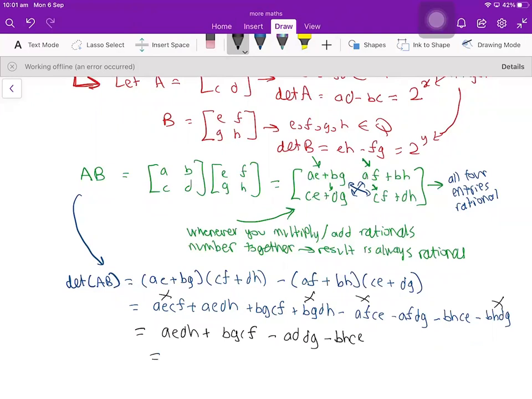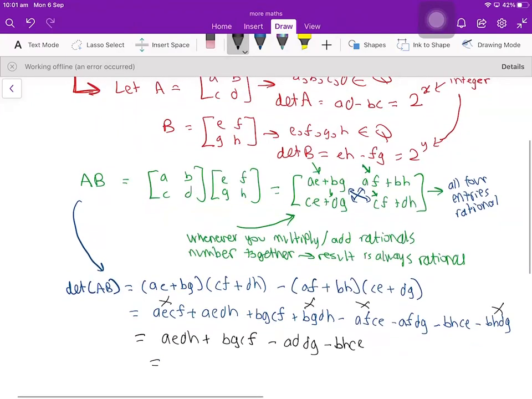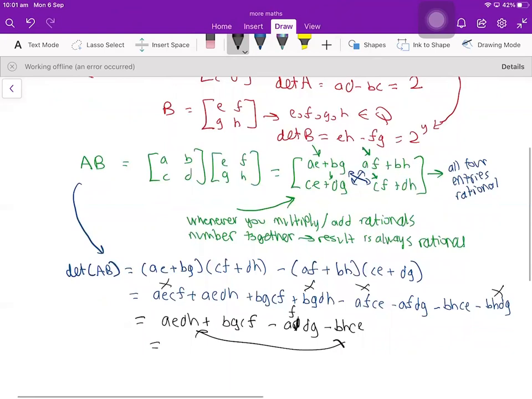And this can be factorized. Oh wait, this should say AFDG. Now we can have a look at these two terms, and we see there's a common factor of EH, that's AD minus BC.